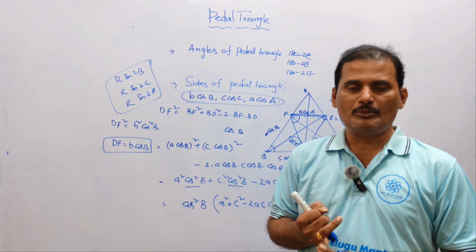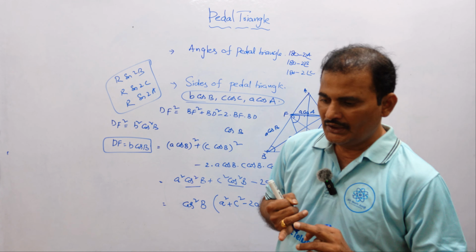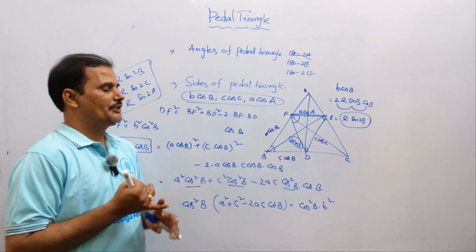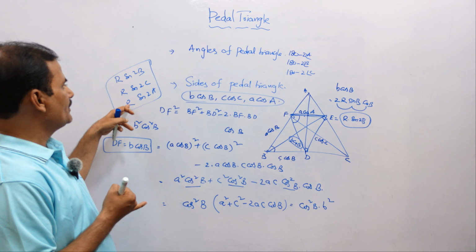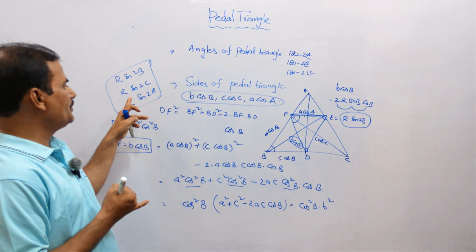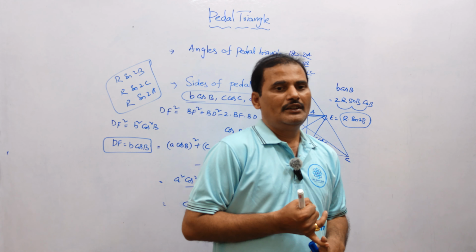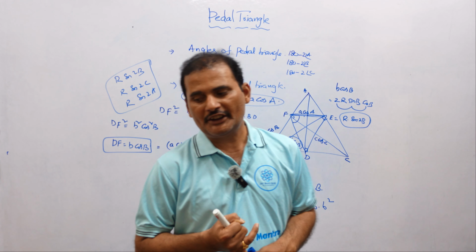The triangle formed by the feet of the perpendiculars is called the pedal triangle. Then sides of the pedal triangle are B cos B, C cos C and A cos A. In terms of circumradius, R sin 2B, R sin 2C and R sin 2A. And angles of a pedal triangle are 180 minus 2A, 180 minus 2B and 180 minus 2C.